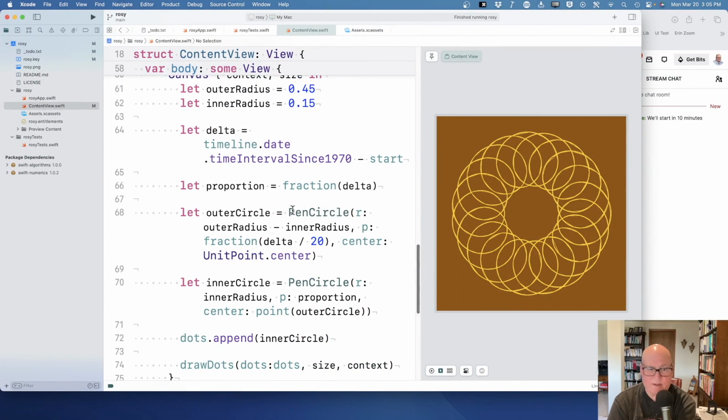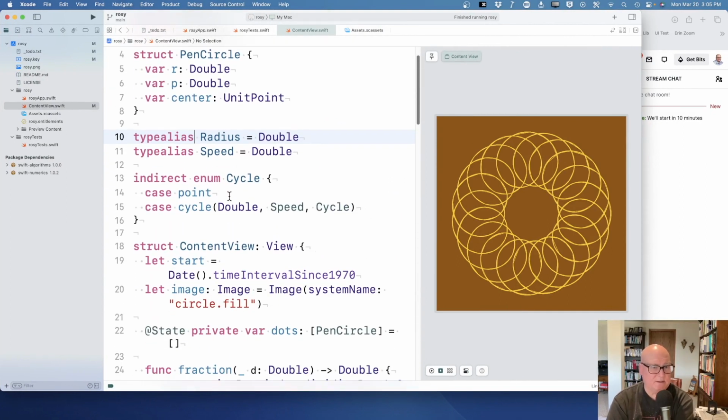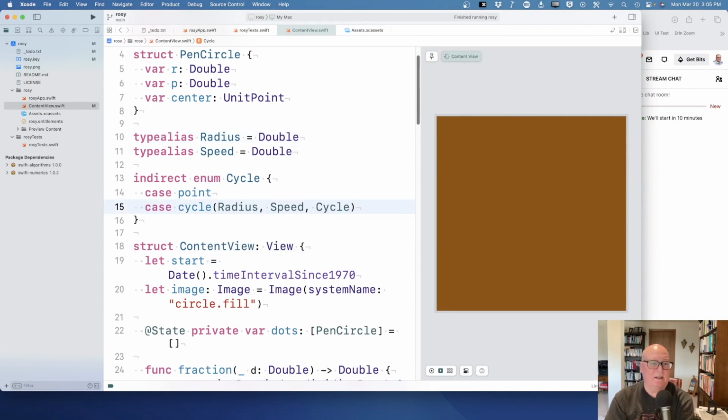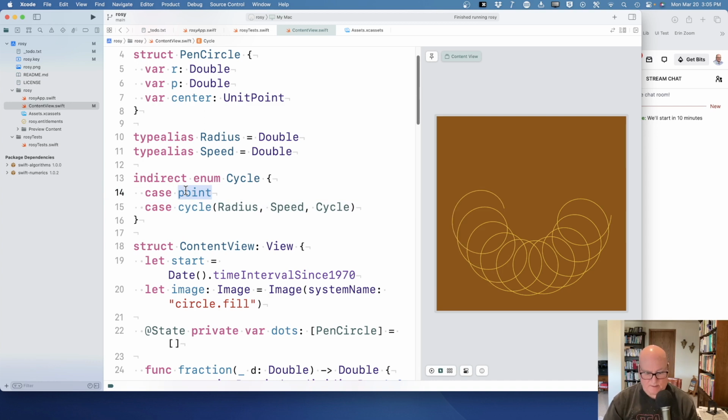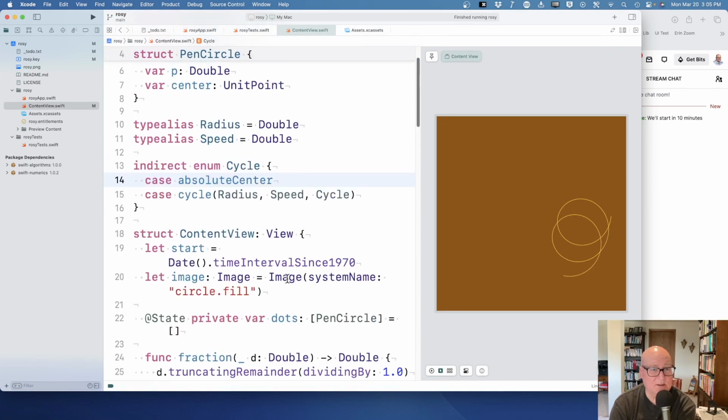So we've got the basics. Now we're trying to get this thing going. So this is radius. Okay, so I think I'm saying, if you get a cycle with a radius, a speed, and an inner cycle, and at the innermost one, you're going to have a point. Maybe it's absolute center. I think I can let it be implicitly in the center and not mess myself up too much.